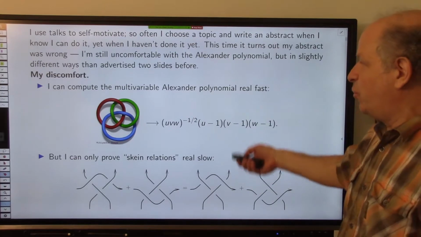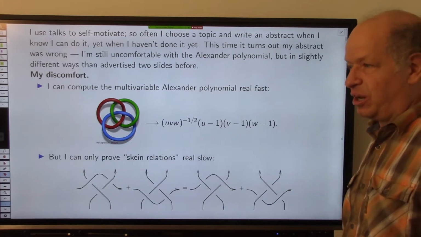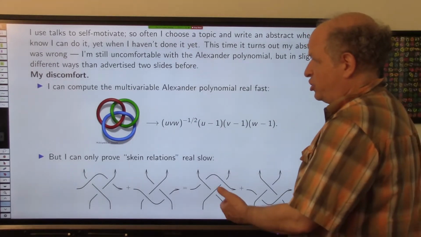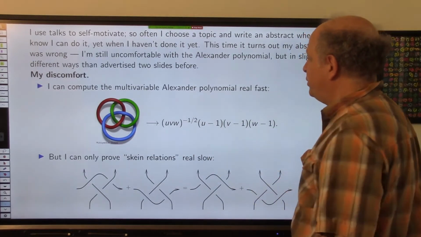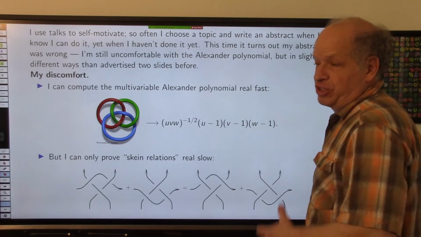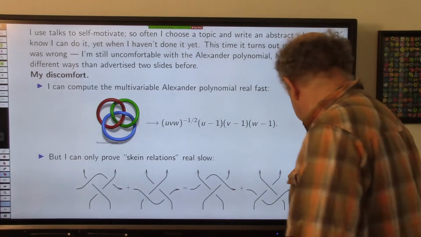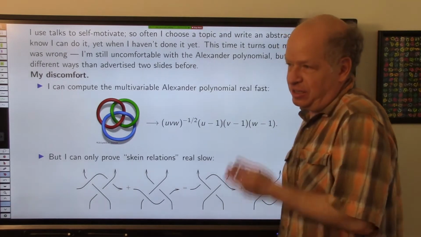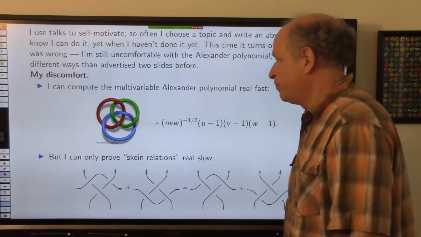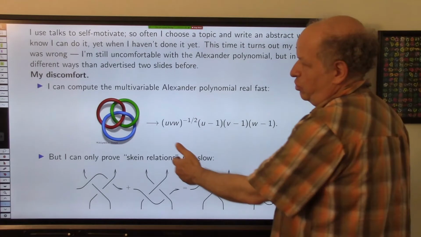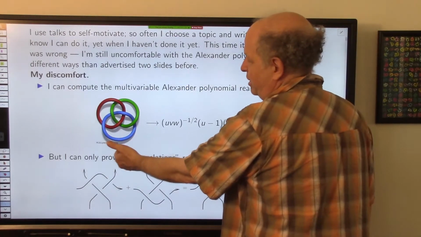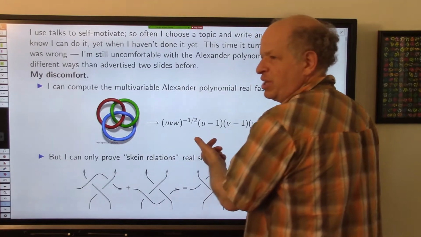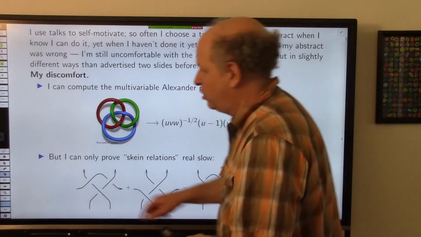So here is one place where I'm still uncomfortable. I'll mention more later. So I can compute the multivariable Alexander polynomial. So there is something, an invariant of knots, which will actually be defined in a sense later in this talk, or invariant of links, which assigns a polynomial to every link.